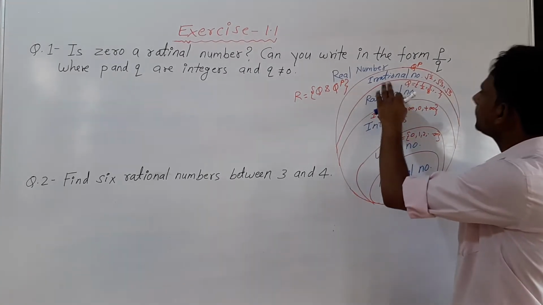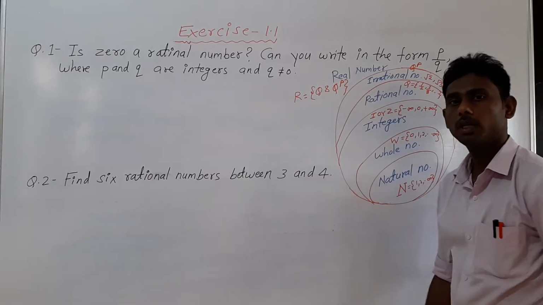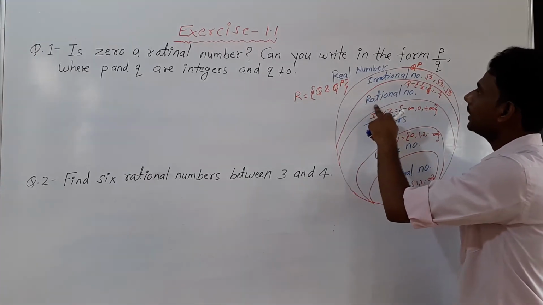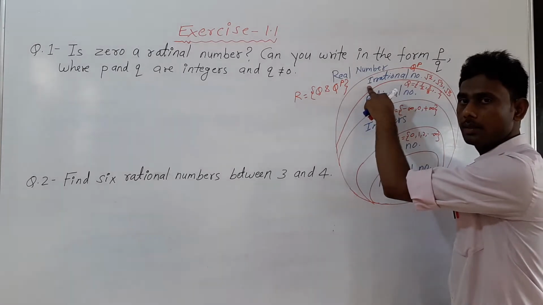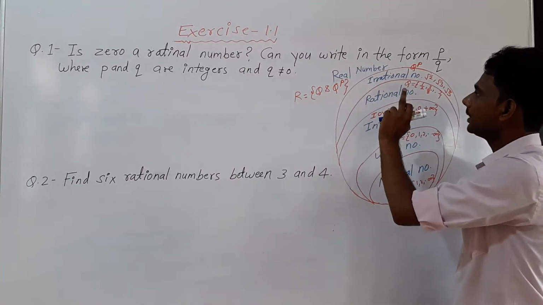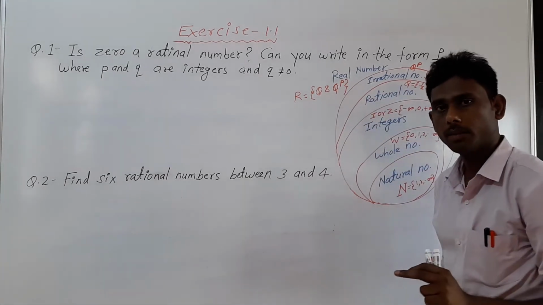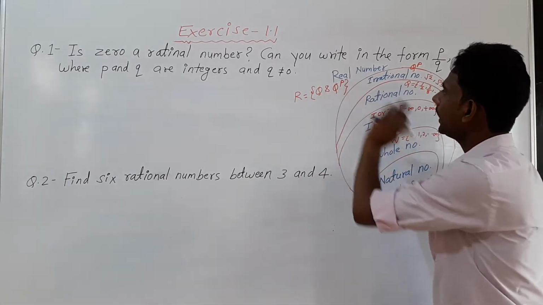Then after irrational numbers, we have to know real numbers. Real numbers means the set of rational numbers and irrational numbers put together.